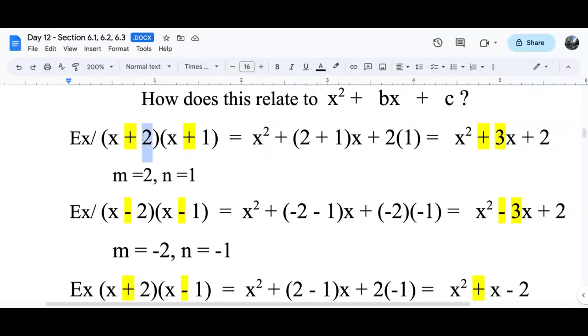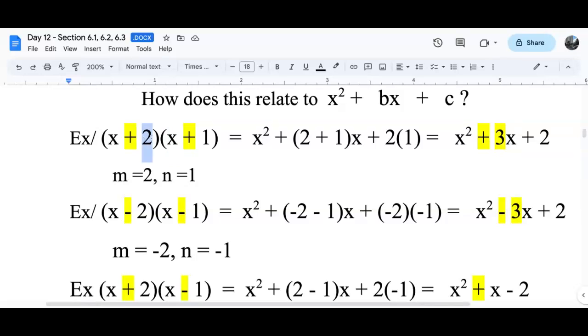Then the second one in the first group times the first one in the second group, that's 2x.